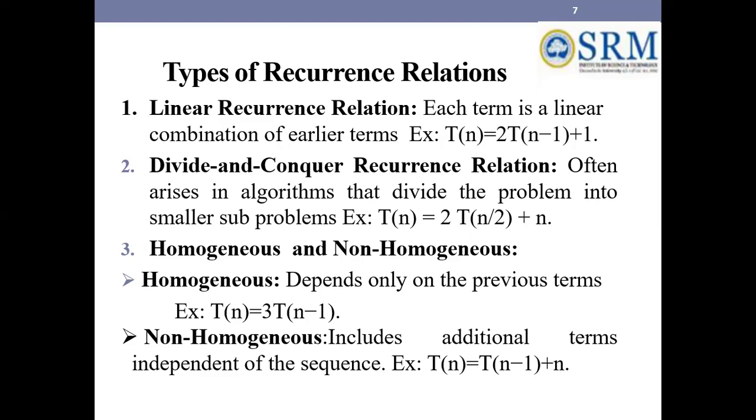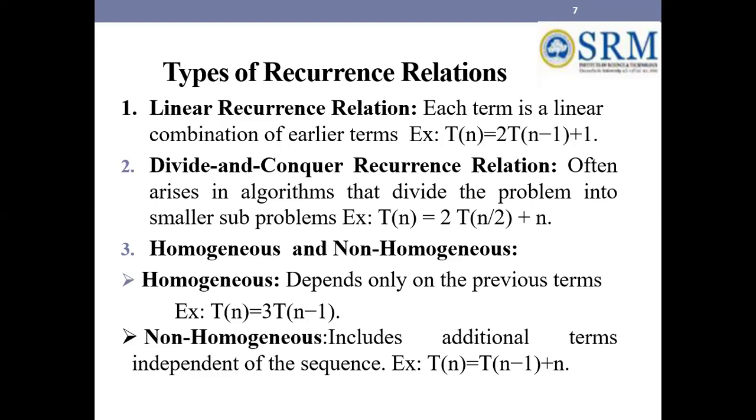This is one type of recurrence equation. It is mainly for the divide and conquer approach. For example, quicksort, mergesort, divide and conquer convex hull. This type of problem will give you divide and conquer recurrence relations.